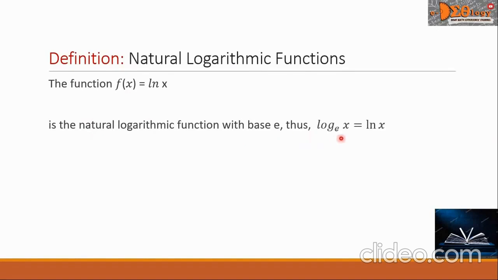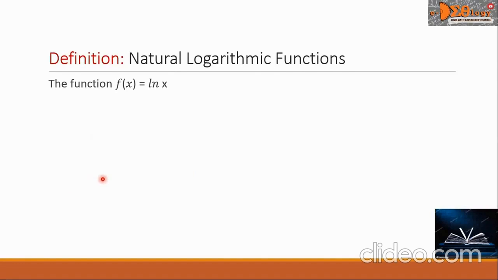Thus, the log of x with base e equals ln x, where x is greater than 0. It means x must be positive. This f of x equals ln x can be written as y equals ln x. And this function is equivalent to the exponential expression x equals e raised to y.